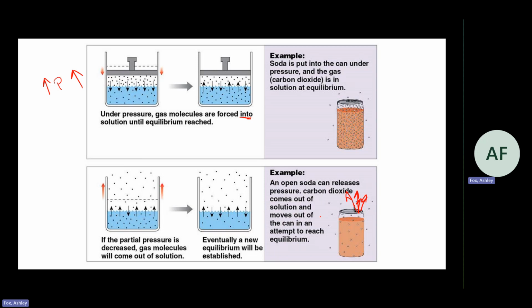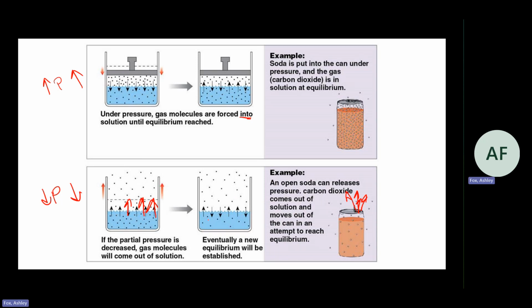That's why you open it and hear that sound. If you leave it out, there's less pressure, and so more is going to leave solution as well. Because you have lower pressure, more of it is going to leave solution, so you're going to have a lower concentration in the liquid as well.